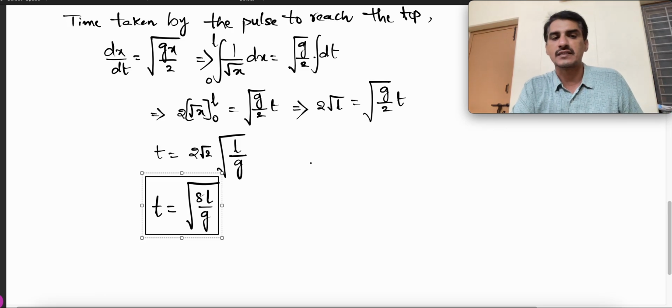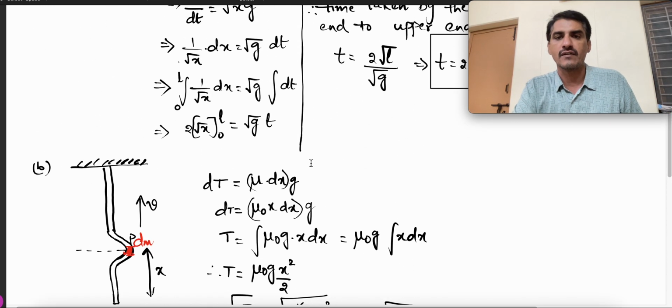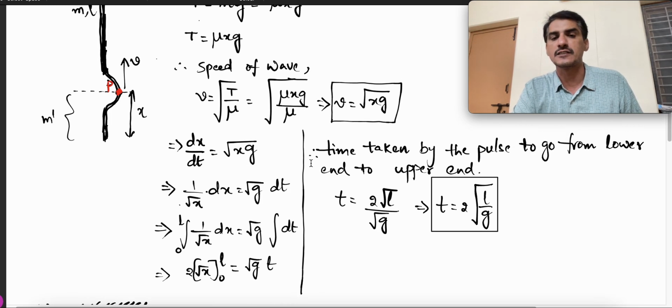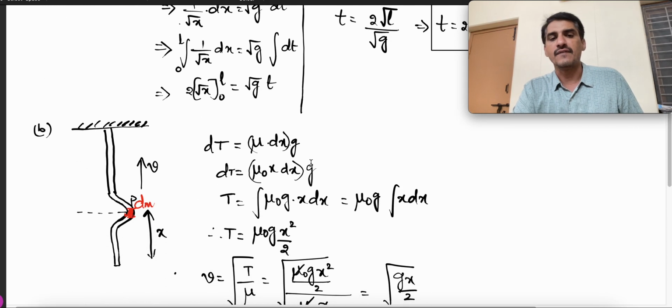So how much time does it take? In the previous question we got t is equal to 2 into root L by g, and the speed of it is v is equal to root xg. And in the second question, we have taken variable density, like density is not constant here.